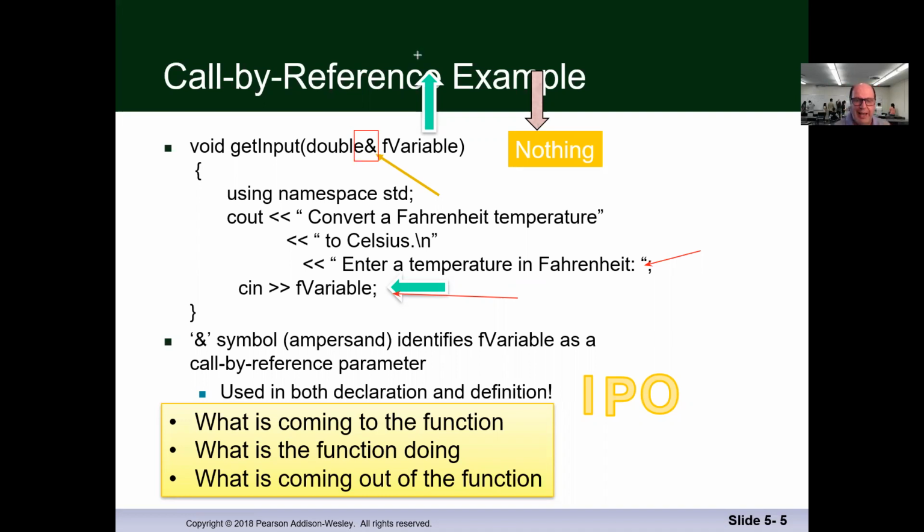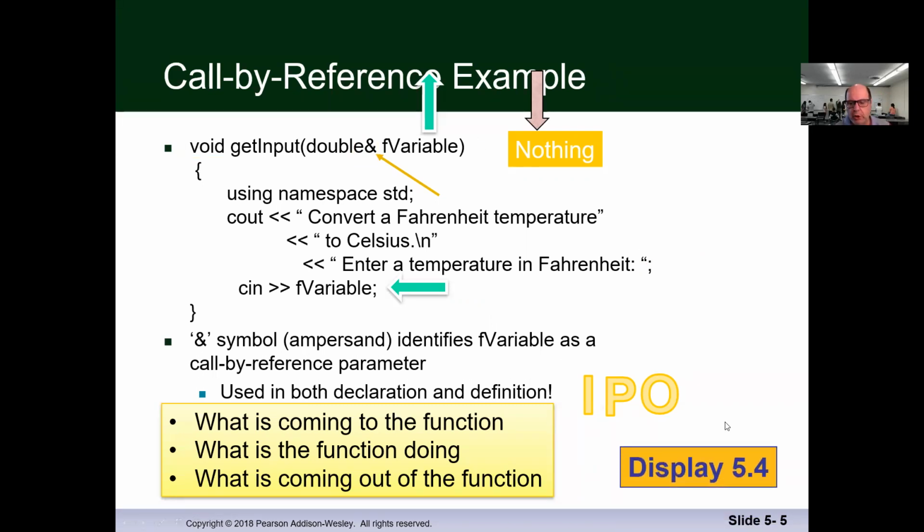When we have one return value, my preferred way is to return it through my function. But if it's more than one, then we're going to have to use the parameters. And the way that something coming out of my function through a parameter works, it has to have the ampersand, or address of it.